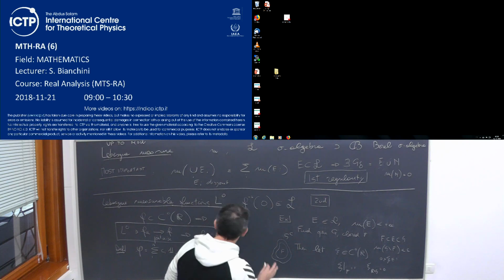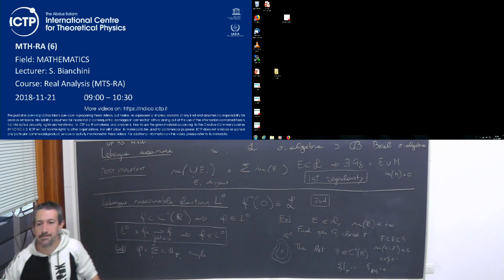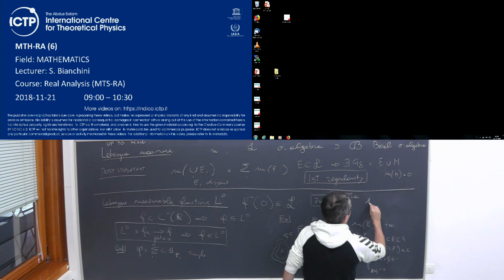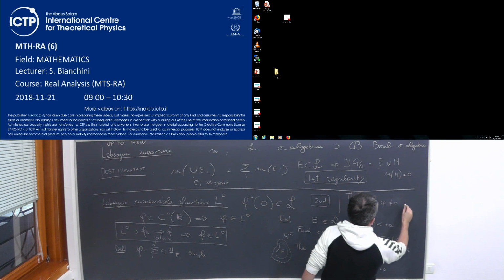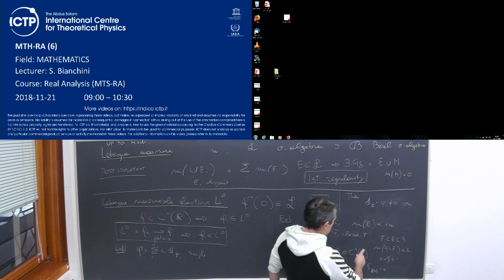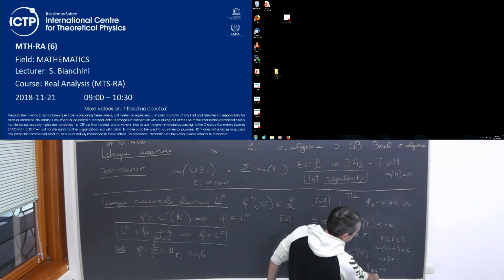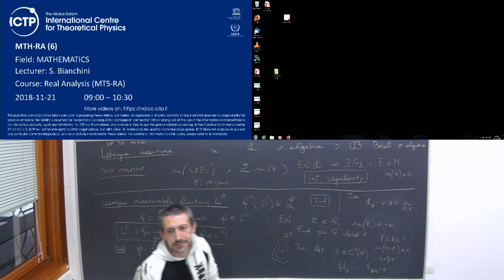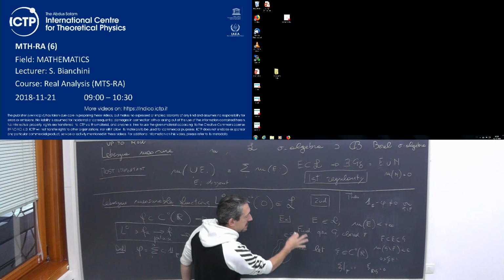So now let's see how much the function phi is different than the indicator of E. The function of E minus phi is different than 0 only on G minus F, because on F they coincide, and on the complement of G they coincide. So let's recap this example.